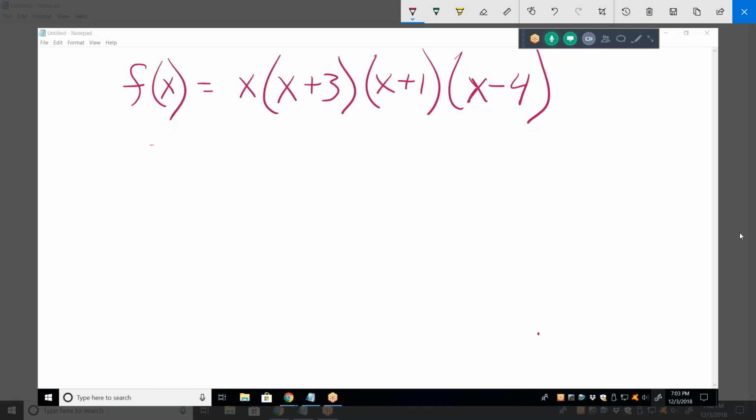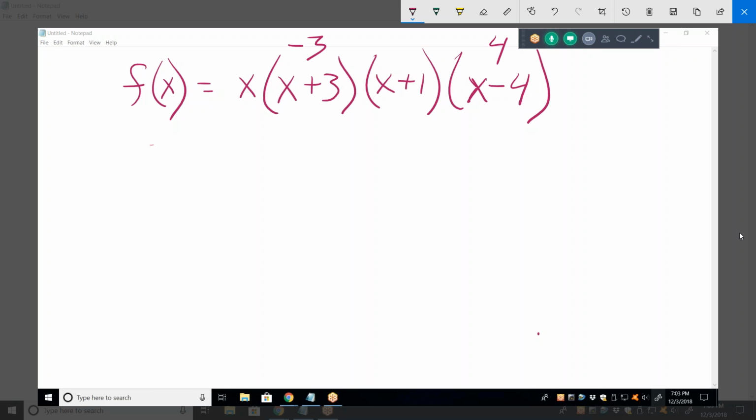So it says has zeros at x equals negative 3. Do you see why?